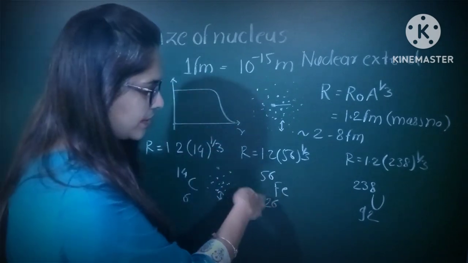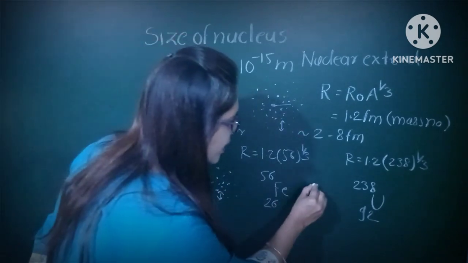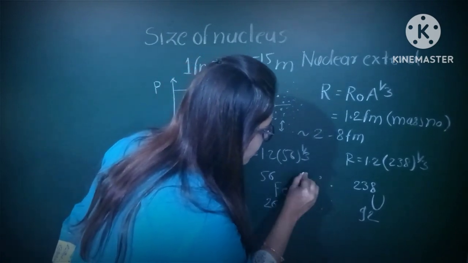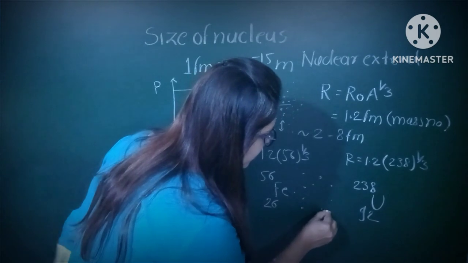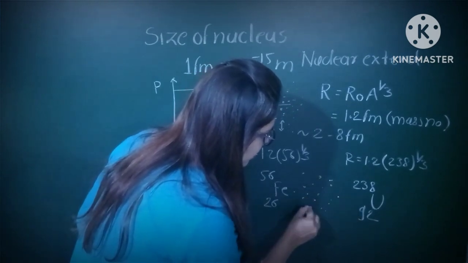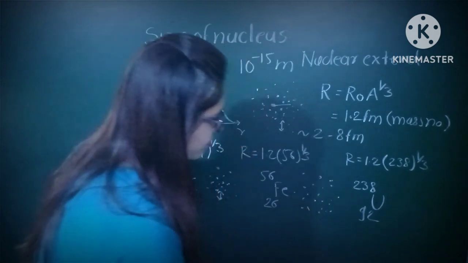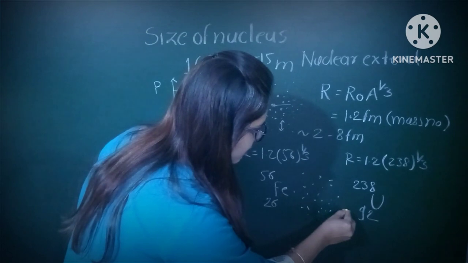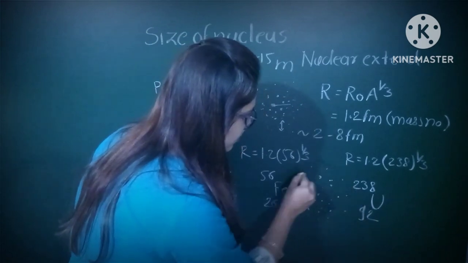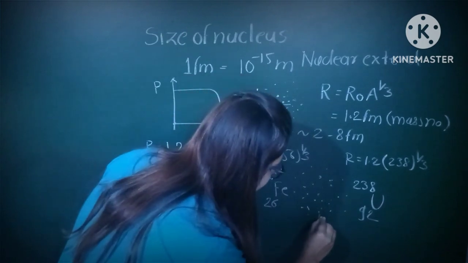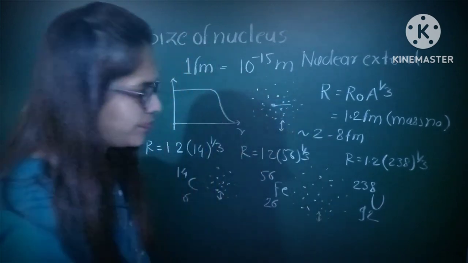As this is a Fe nucleus, it will have more nucleons, so the inner core will be bigger, but the outer shell drawn over here will remain constant.